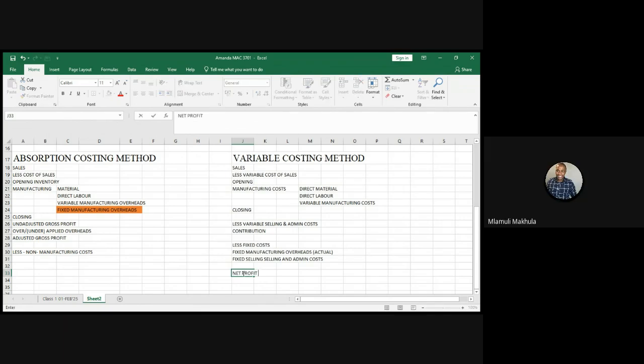This side you will have fixed selling and admin, including both fixed and variable. And then after that, you get your net profit. And then you're done.